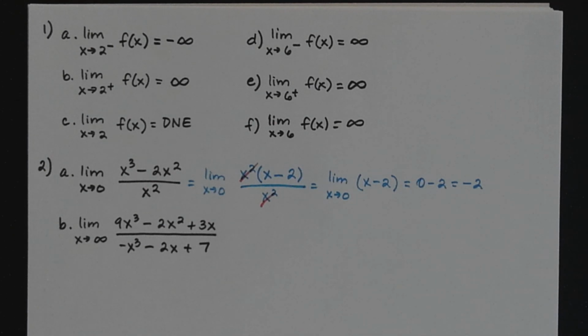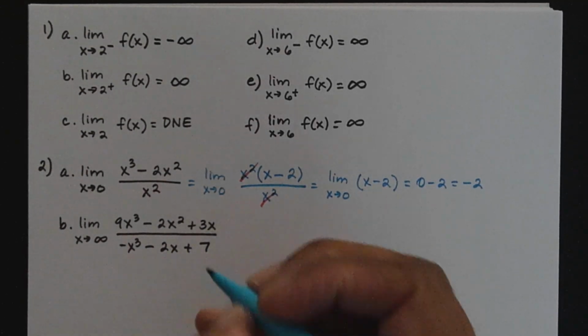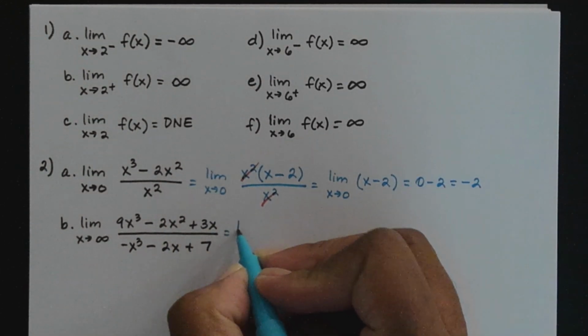Okay. Now what I would do here with this limit as x approaches infinity is divide every single term in the numerator and the denominator by the highest exponent of my denominator. So here the highest exponent in the denominator is 3.